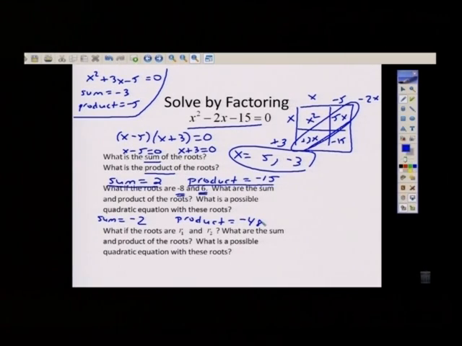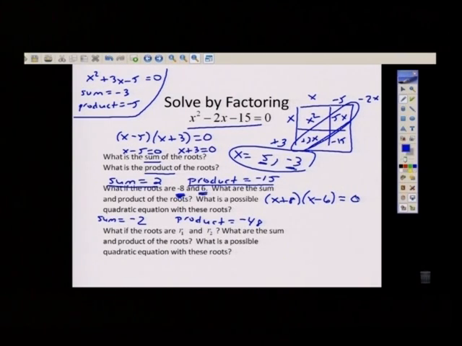So if we look back at the last problem, when this was a 5, it came from the parenthesis x minus 5. And when it was a negative 3, it came from the parenthesis x plus 3. So on this problem with the negative 8, it must have come from an x plus 8. And the 6 must have come from a parenthesis that was x minus 6 equal to 0.